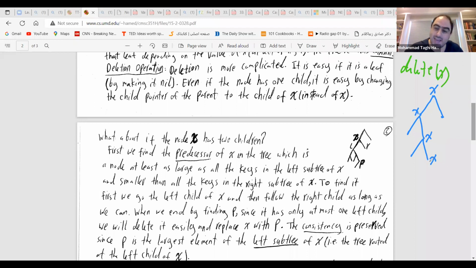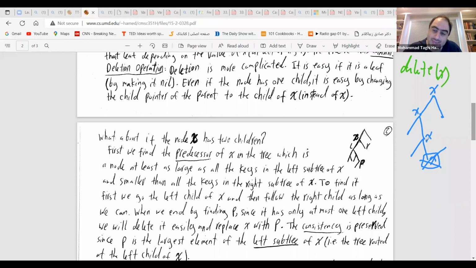If X happens to be a leaf, then what do you do? You just delete it. So to delete this guy, if you have used some memory, you can essentially remove the memory of this one, or essentially make the memory free.